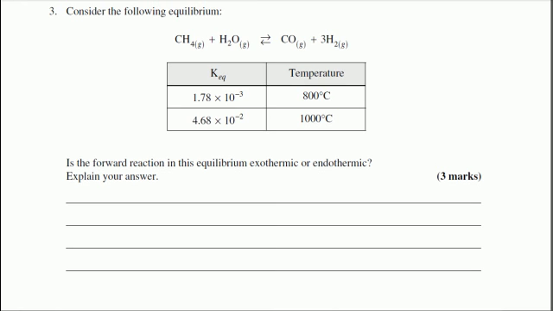And the question says, consider the following equilibrium. And we have methane, CH4, plus water, makes carbon monoxide and 3 hydrogen gas. And we see that it has KEQ values and some temperatures. So what it looks like is that someone did this reaction at 800 degrees Celsius.